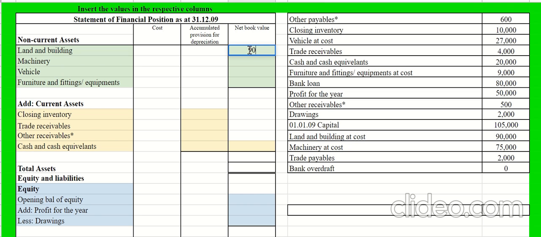So let's enter 90,000, followed by machinery, $75,000, and then vehicle at cost, which is 27,000.